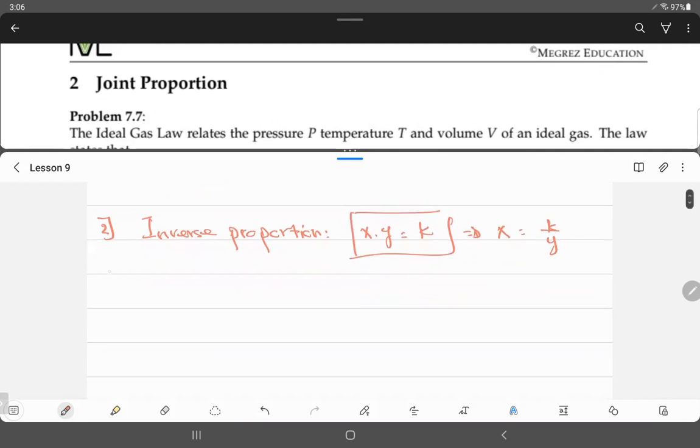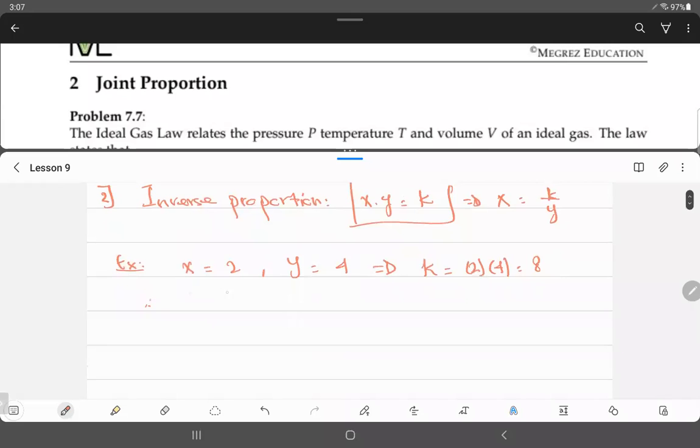Okay? Example: suppose I'm telling you that there is an inverse proportion between y and x. First of all, you find the k, the constant of proportionality, which is 8 in this case. So the relation becomes like this: all the time, when you multiply x and y, you get 8.